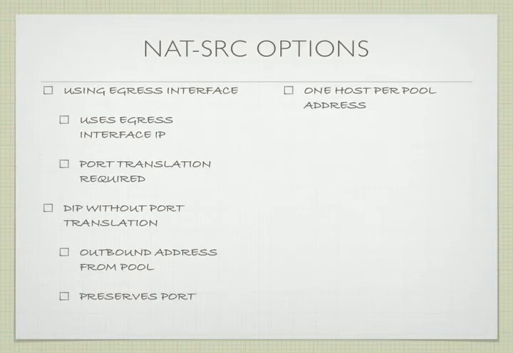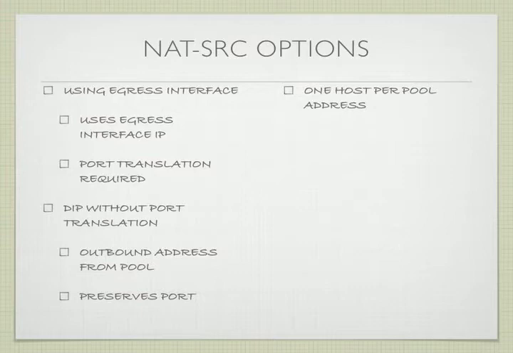When you use a DIP for this, if you're creating a dynamic IP address, you can do it without port translation. If there is no port translation going on, then the outbound address will come from a pool of addresses that you created. It can be a pool of one.